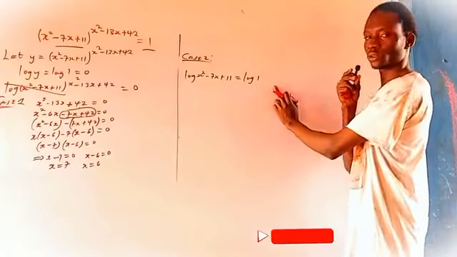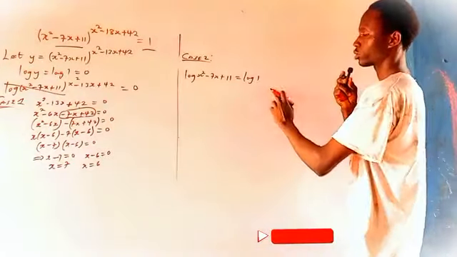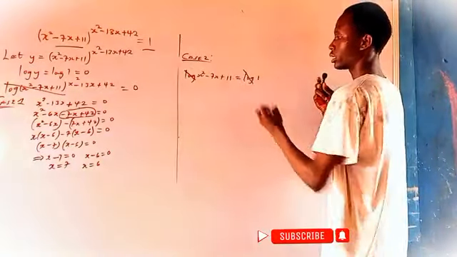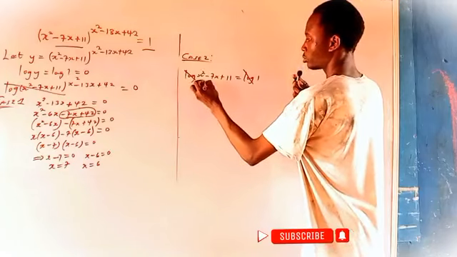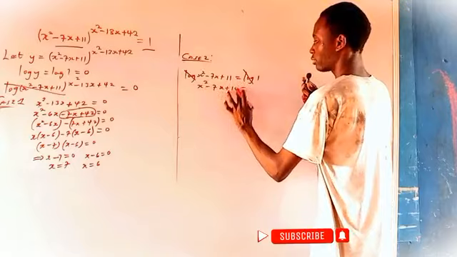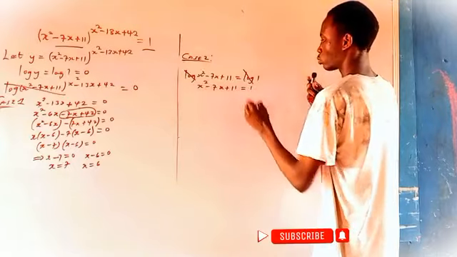Since log of 1 is equals to 0, so log of this equals to log of 1. And then you can see that the log can cancel out each other. Then I'm going to have x to the power of 2 minus 7x plus 10 plus 11 equals to 1.